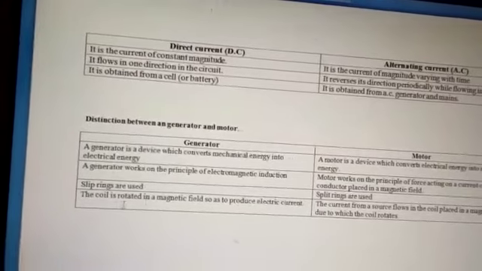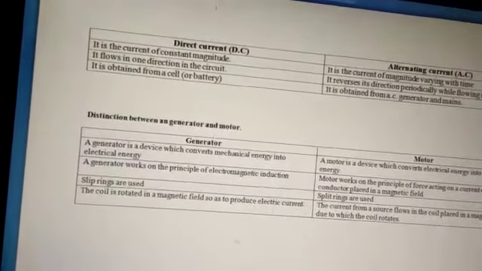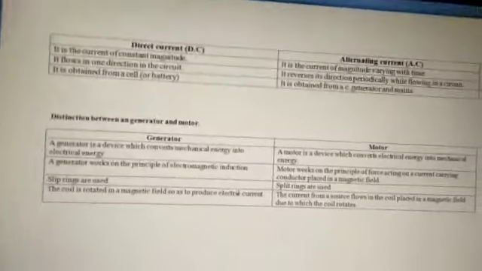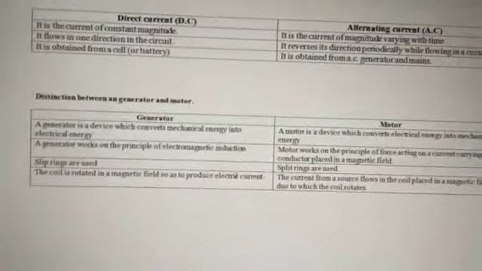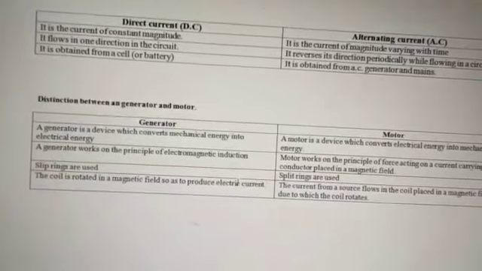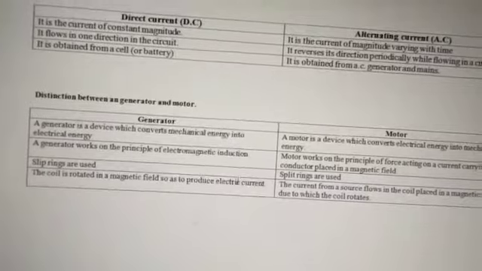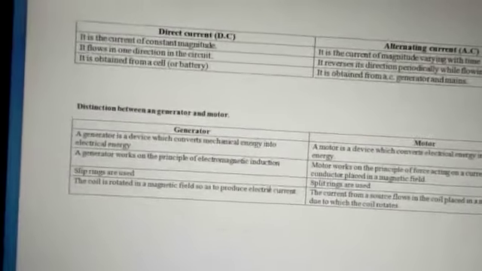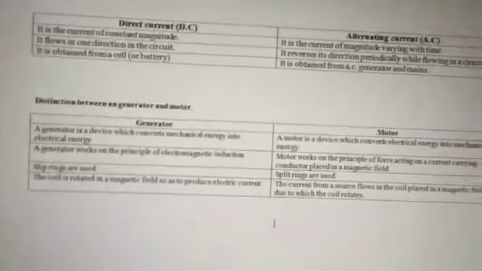The coil is rotated in a magnetic field so as to produce an electric current. I already told you, whenever there is motion, then only the EMF is produced. But in the motor case, the current produces the force. The current from the source flows in the coil placed in the magnetic field, due to which the coil rotates. So these are the differences between the generator and the motor.